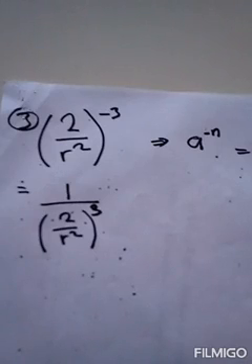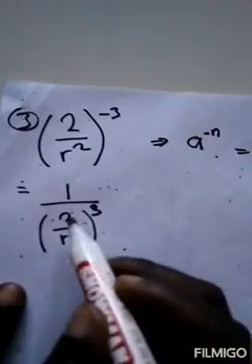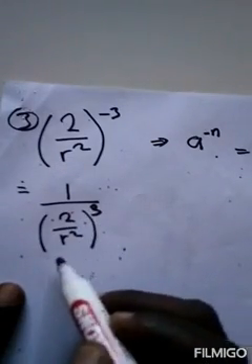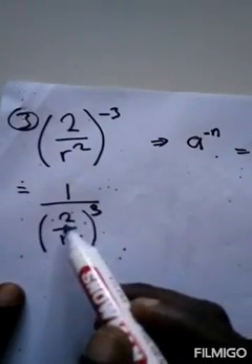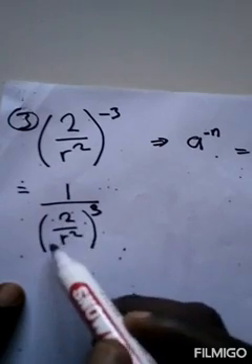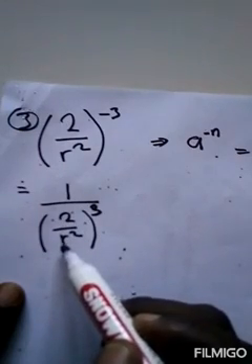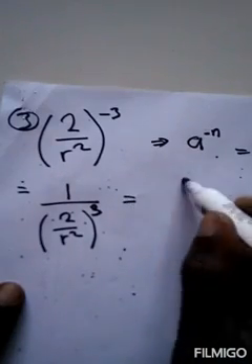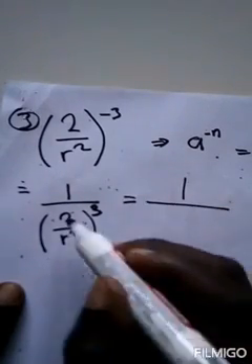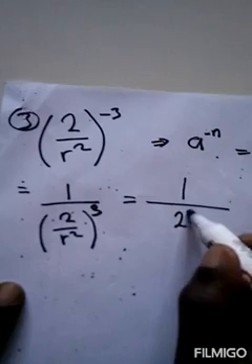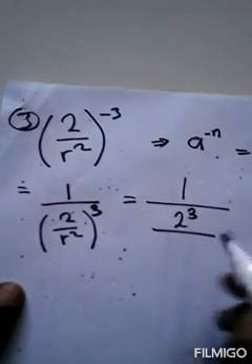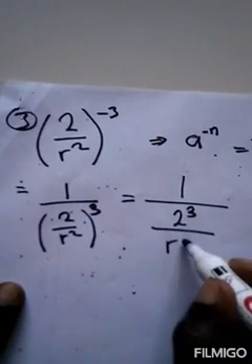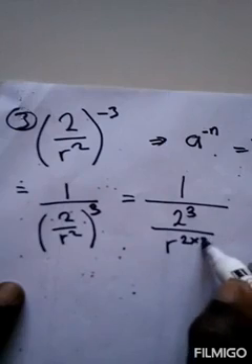Now once you do this, we go to the fifth rule of indices. Remember that this 3 which is outside the bracket, which happens to be the power, is the power for both the 2 and r to power 2. So this will become 1 over 2 to power 3 over r to power 2 times 3.